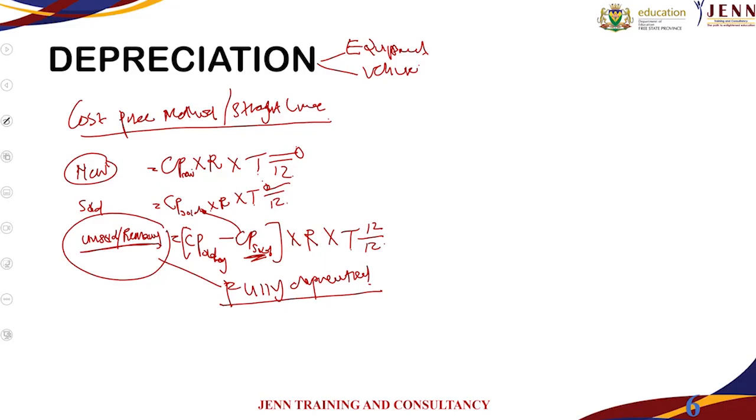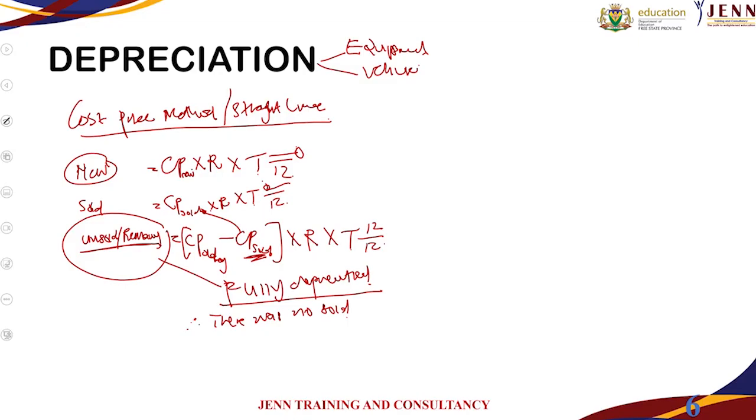If it happens that on the remaining asset there was no sold, it means we did not sell any equipment, we did not sell any vehicle. There was nothing like that. Then what is going to happen in that scenario? We are saying there is a possibility of a fully depreciated asset. What do I mean about a fully depreciated asset? I'm actually saying an asset that has reached its lifespan.